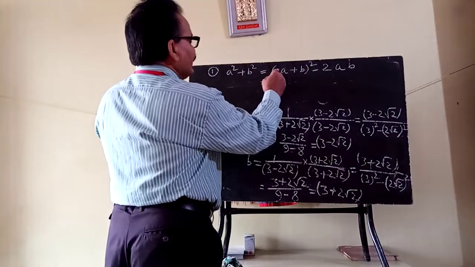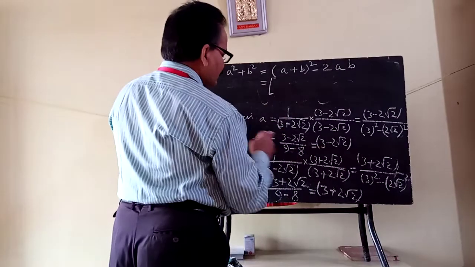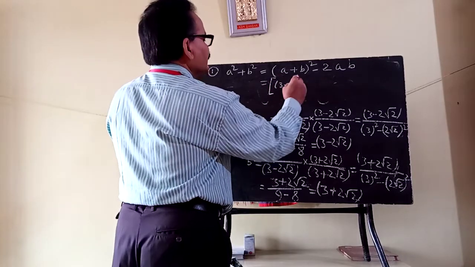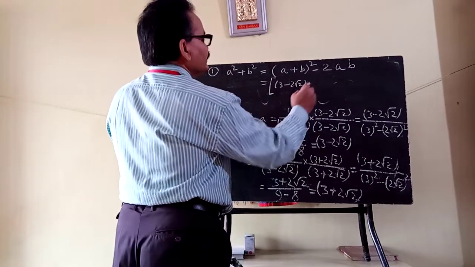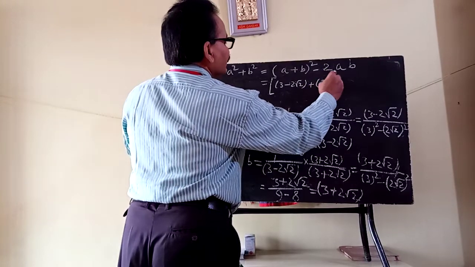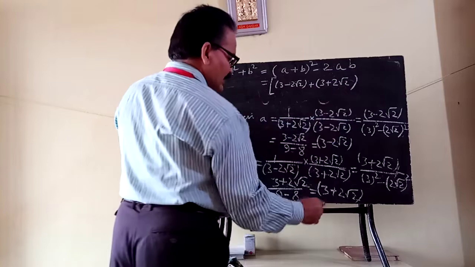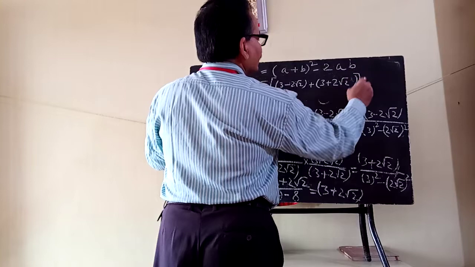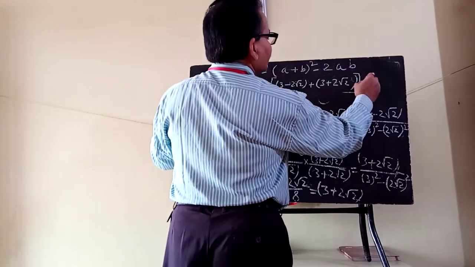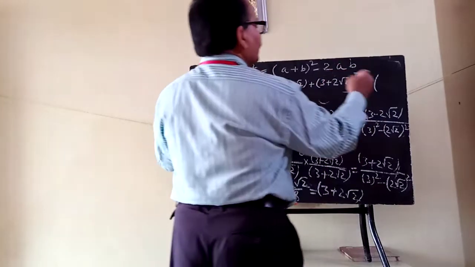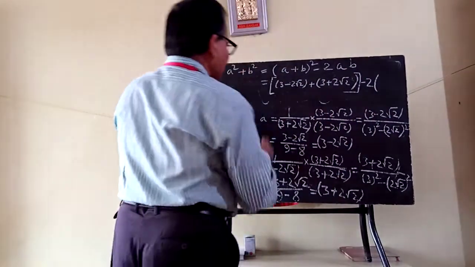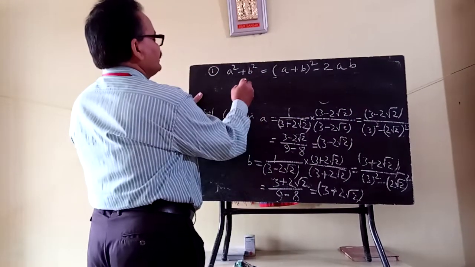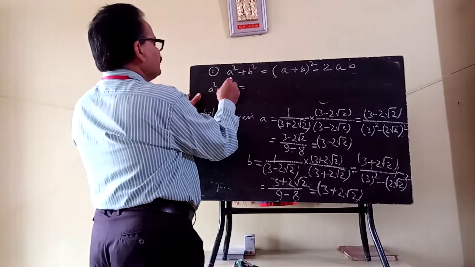So now you have to put in the value of a. What is the simplest value of a? It is 3 minus 2 root 2. And b is 3 plus 2 root 2. So this is the value of a plus b, and minus 2 into, again you have to write the value of a. For space, let me write it from the left here. This is your a square plus b square.